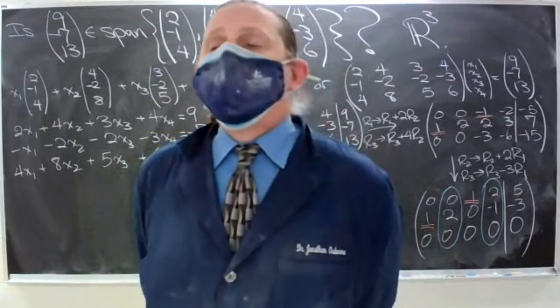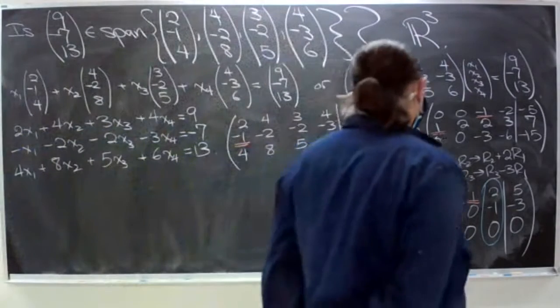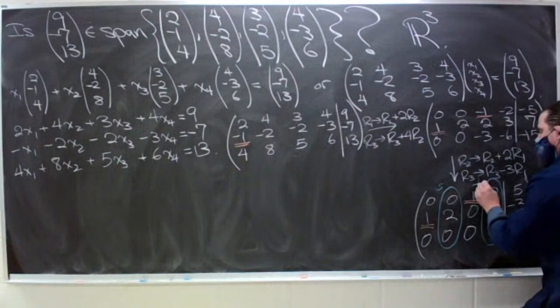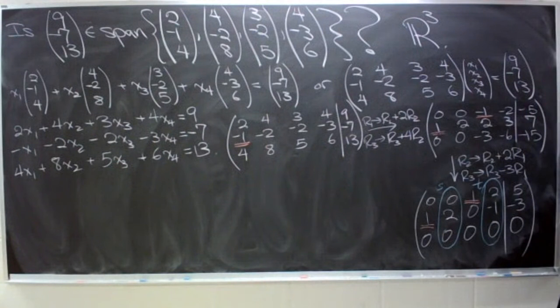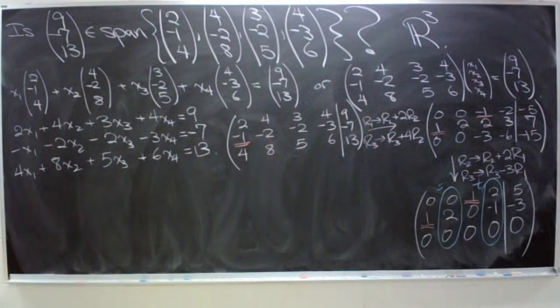Since their values are not determined, we call them free variables. I like to give them other names. I'm going to call them S and T. So S and T are free. All right? So we'll see what that means in a minute. But for now, a column that lacks a pivot is associated with a free variable.